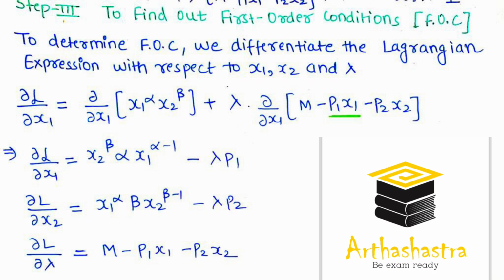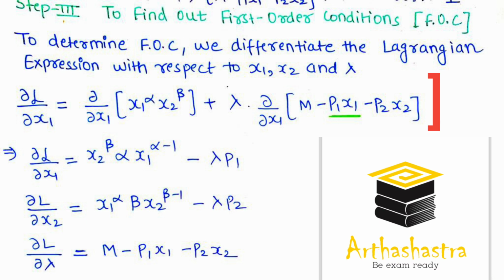So differentiating the Lagrangian function with respect to x1, we will get, okay, let's first expand the derivative notation. We write it as del by del x1 of, because it's a partial derivative, the utility function first with respect to x1.